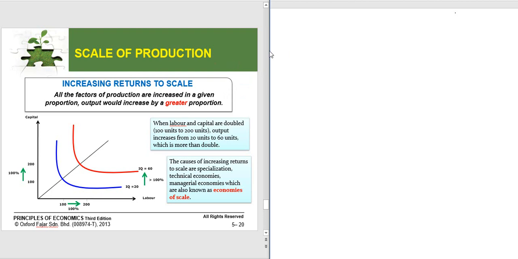So the first one is increasing return to scale. Increasing return to scale occurs when the change in output is more than the change in input.